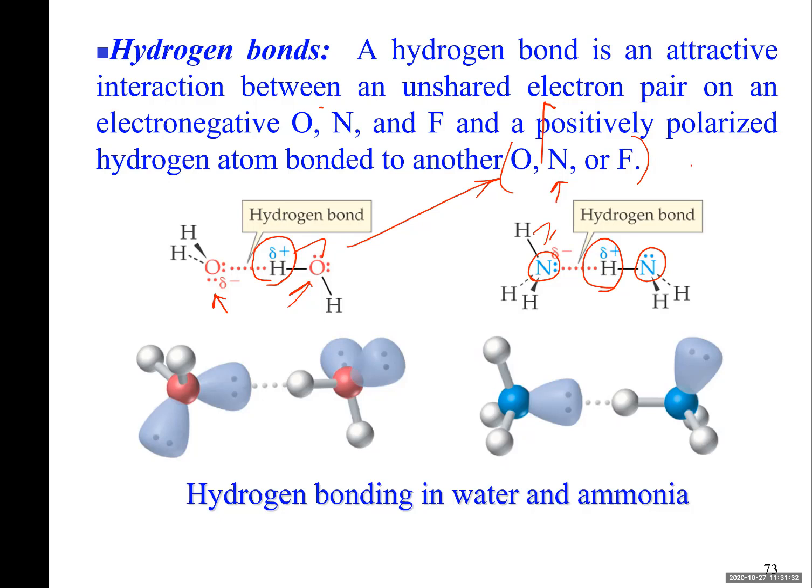For example, if I write HF and HF, there is this hydrogen, this is negative, this is positive, they're attracting each other. So we only observe hydrogen bonding when it's sitting on these three atoms, oxygen, nitrogen, and fluorine. In other cases, hydrogen sitting on carbon, for example, cannot make hydrogen bonding.